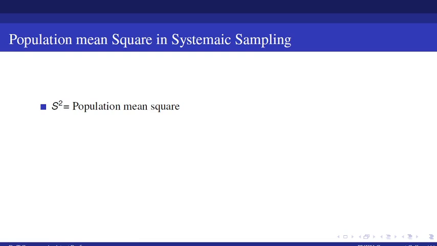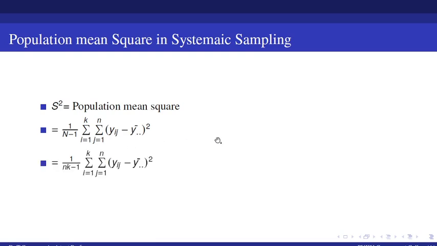As usual it is 1 by (n minus 1) into the summation i equal to 1 to k, j equal to 1 to n of (yij minus y bar double dot) whole square. Instead of capital N we can write nk minus 1. Up to this you can understand the systematic sampling technique. Thank you students.